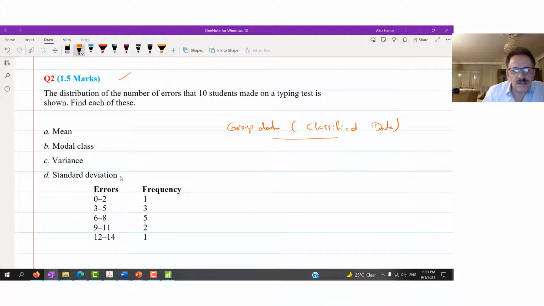For the classified data, we know that we have classes, and the frequency, and how much is the frequency of these classes. So basically this is the classes, and this is the class boundaries, lower boundary, and this is upper boundary, and this is their frequencies.